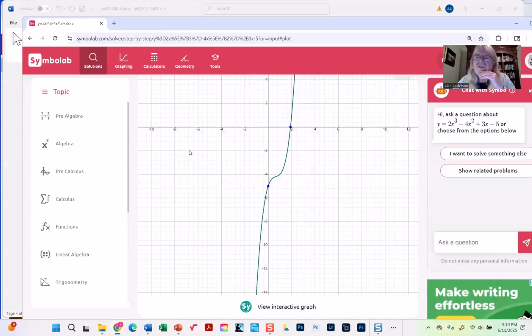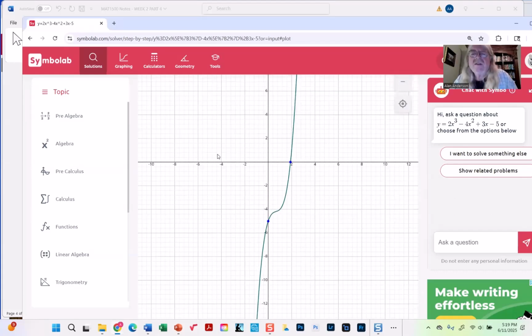After you've gotten used to seeing all these different functions, there's a certain way it has a tendency to rise and then it slows down at some key point and then it starts to rise again very, very quickly. This is a pretty classic example of a cubic function. So let me just grab a picture of that.